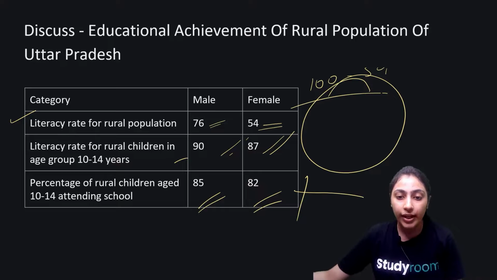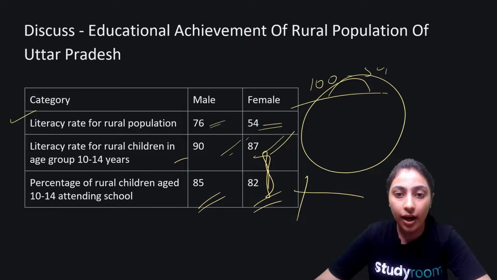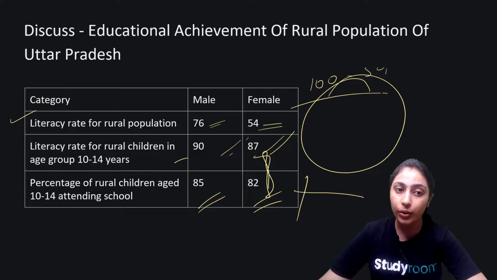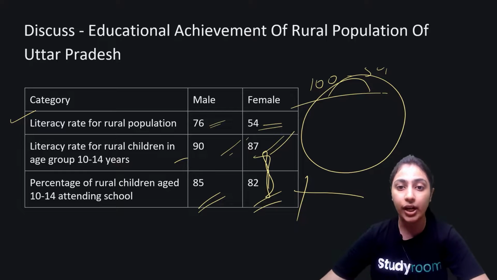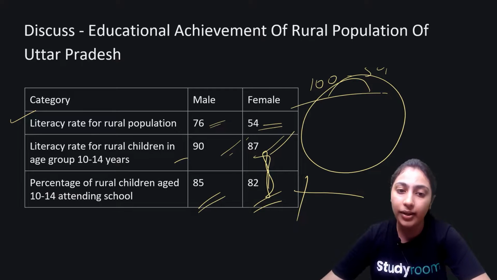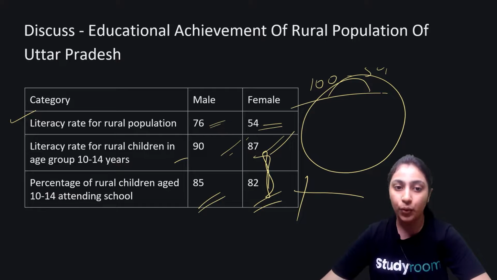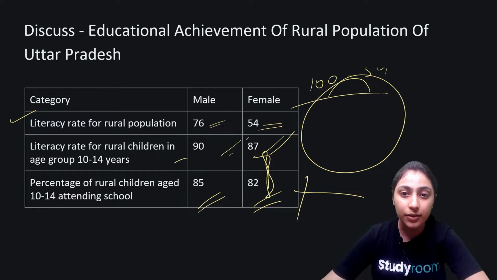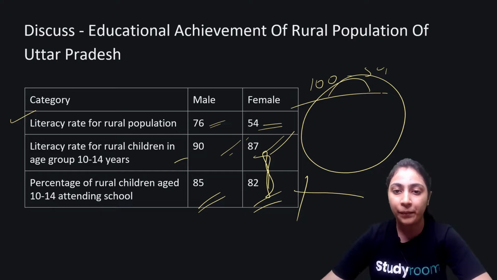You'll take these two and add. So this is how we read a table and answer all the questions given in regards to the table. The table can be anything, but the main thing is that you should always know how to read a table, understand the figures and then answer.